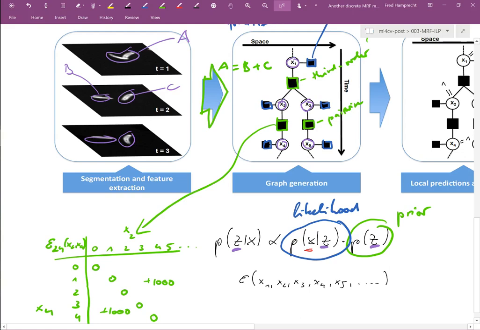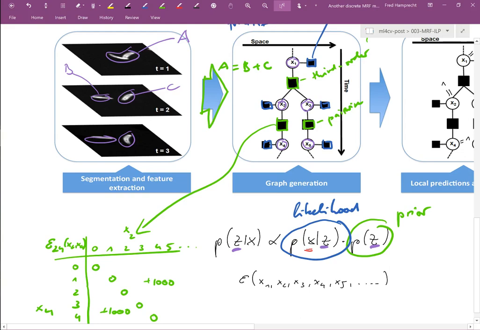And it turns out that if you do this on graphs which are tree-shaped, so which have no loops, this gives you the globally optimal result, and it's very attractive because then you have a dynamic programming strategy which gives you the globally optimum solution of a combinatorial optimization problem.